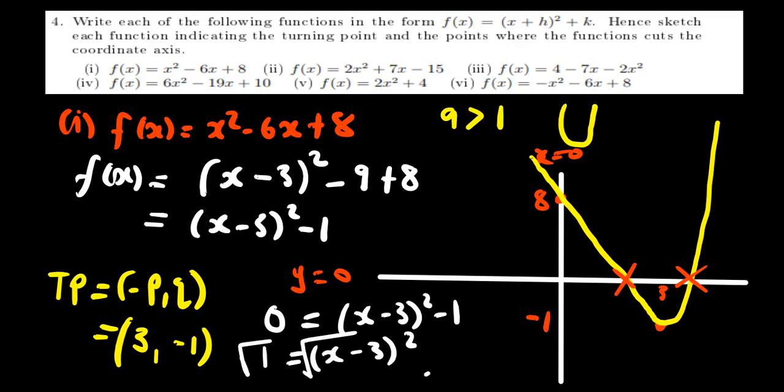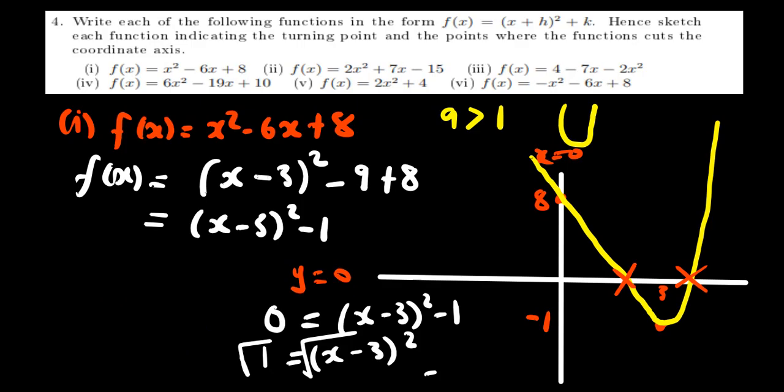The square root of 1 is just 1, and the square and the root cancel, so you're just going to remain with x minus 3. So you have plus or minus.